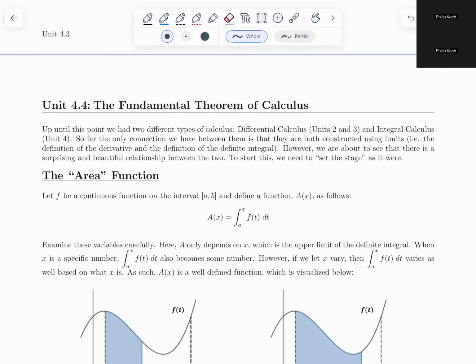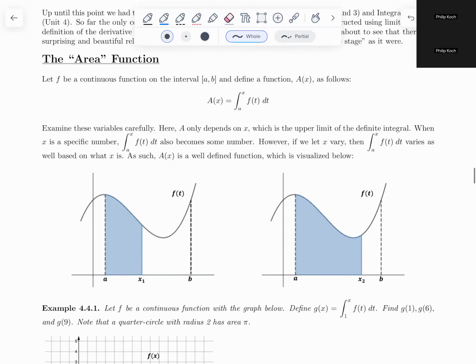We're not interested in f so much as we are interested in A. What it does is calculate the area, quote-unquote, under the curve f of x for an integral from a to x.